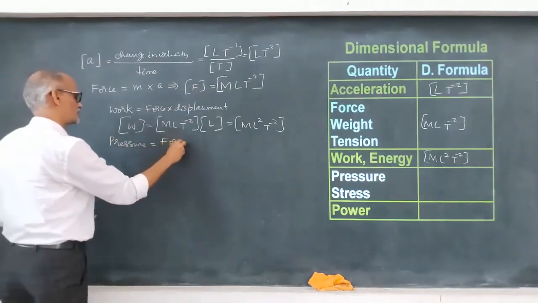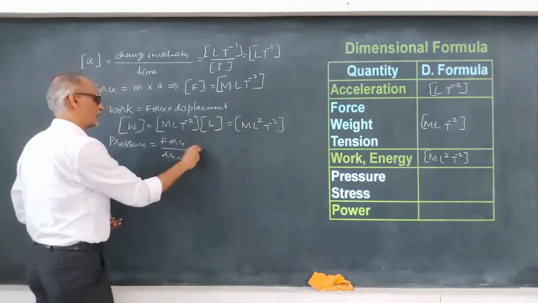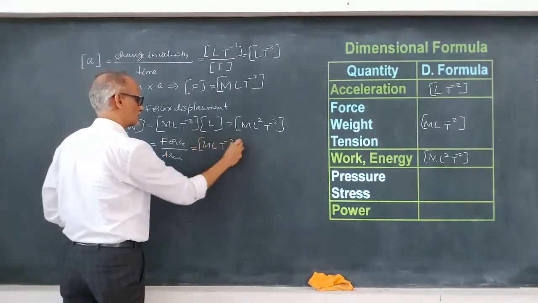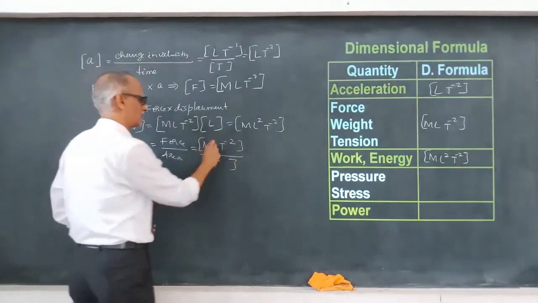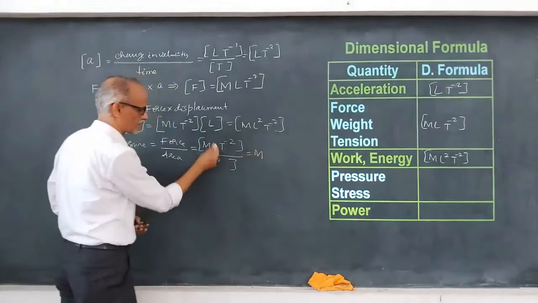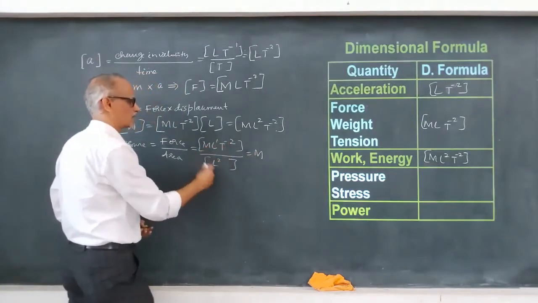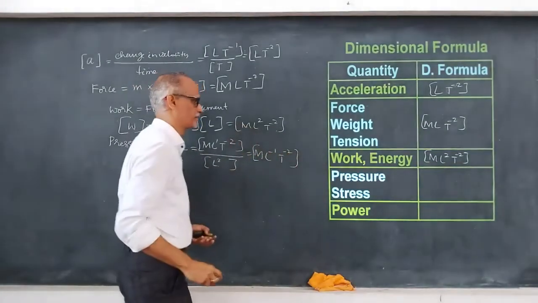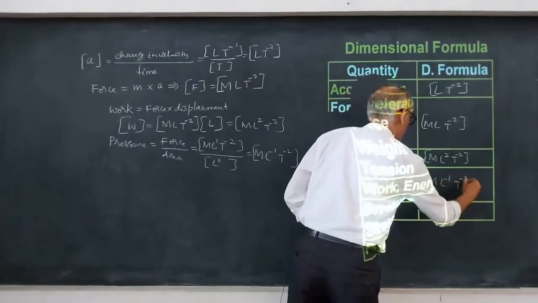Pressure is force divided by area, force per unit area. Force, we know MLT minus 2. Area already given L square. Simplify, so we get M, L to the power 1 minus 2 which is minus 1, T minus 2. So ML minus 1 T minus 2 is the dimensional formula of pressure.